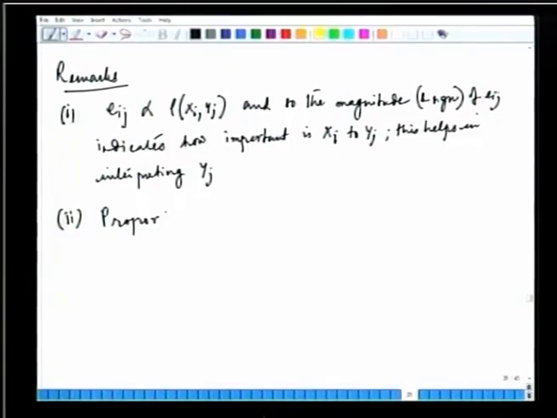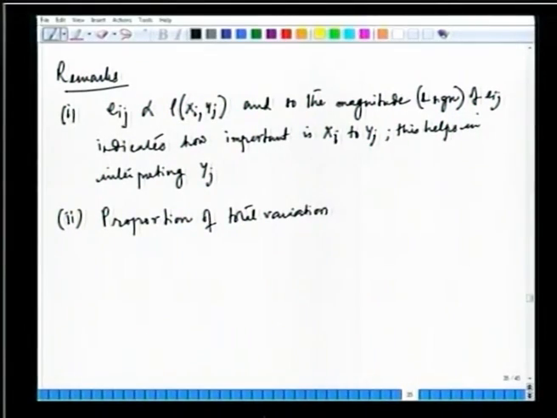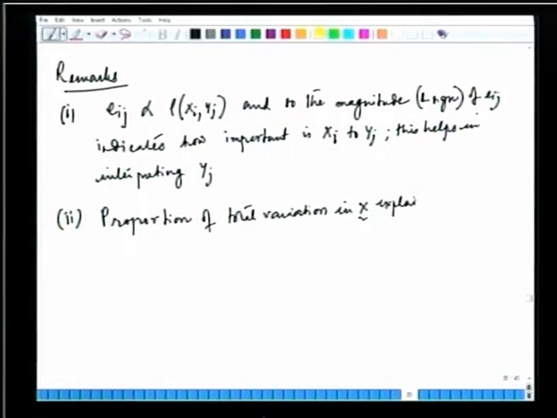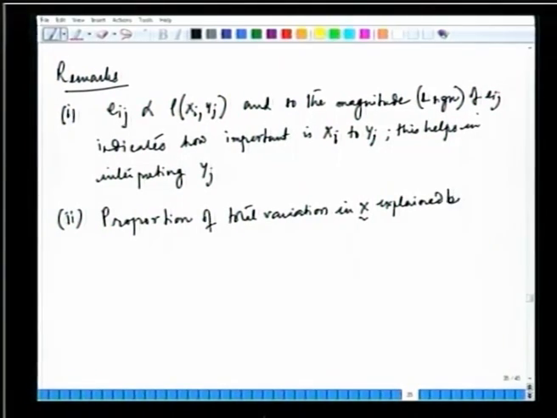Okay. But before that I can also say something about the proportion of total variation in x explained by the kth principal component, right.